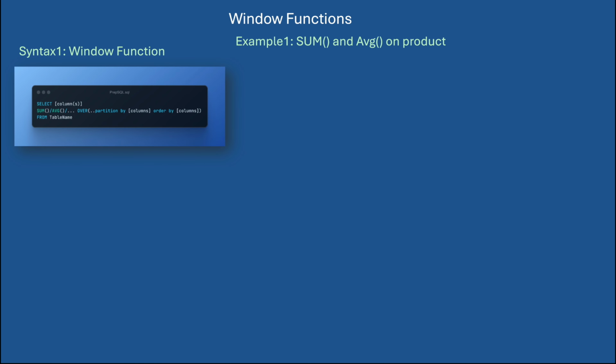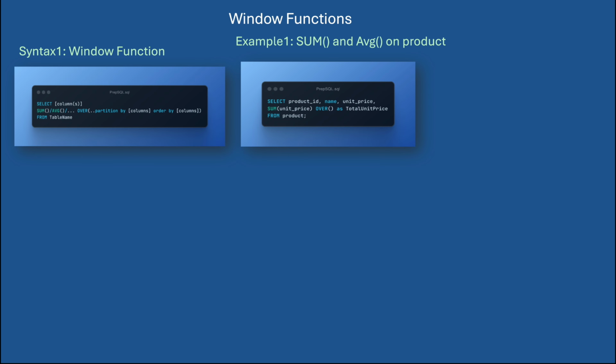Let's look at one example of SUM and AVG on product. Here we have SELECT product ID, name, unit price, and we are summing the unit price OVER as total unit price. Inside the OVER statement, we didn't put any PARTITION BY or ORDER BY, which means it will get the total sum of the unit price over all the items, as a separate column called total unit price, FROM product.